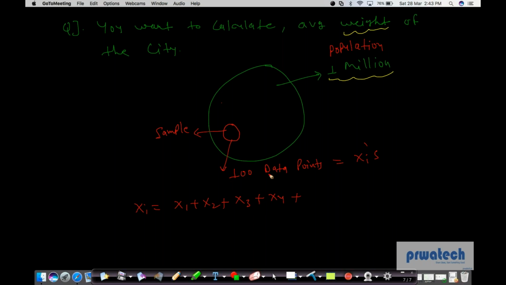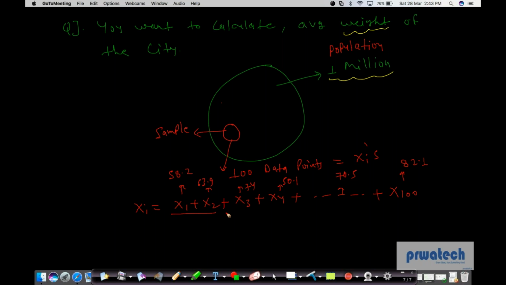These are actual people whose weight you have calculated, up to x100. Each has some weight in kg or lbs. Let's say this is 58.2, this is 63.9, this is 74 kg, this is 50.1, and likewise I have so many data points. This is 70.5, and x100 is 82.1. Likewise I have random data, 100 different data points.